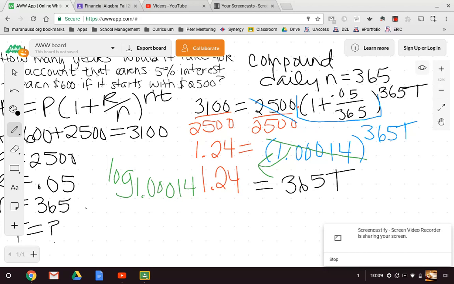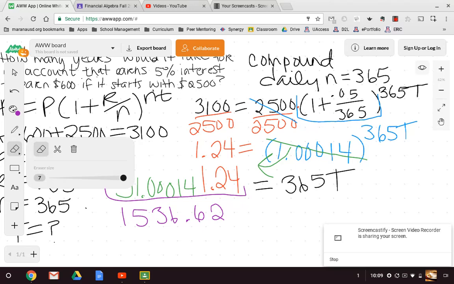And that's going to give me my next step when I type this in of 1,536.617. So that 7 bounces the 6 to a 2. Actually, I should probably use a couple more decimal places there, just because that's not my final answer.